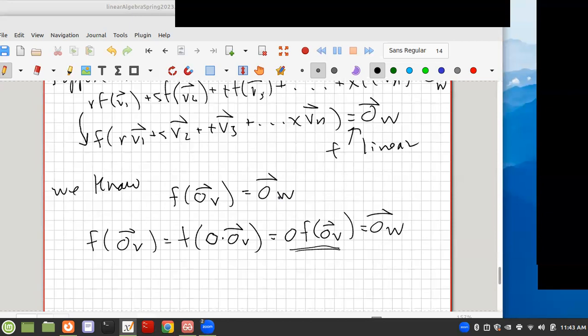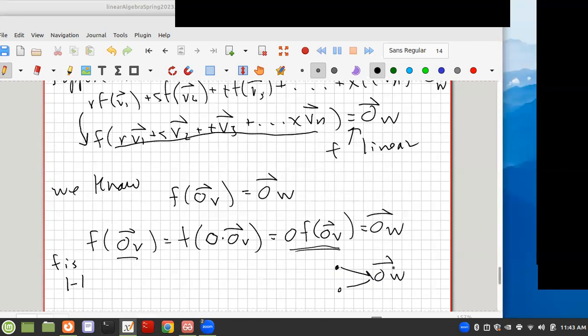Now here's where I can use the fact that F is 1 to 1. Remember, we're assuming that F is both 1 to 1 and onto. We've used the fact that F is onto, but we haven't used the fact that it's 1 to 1. Because F is 1 to 1, I can't have two different vectors going to the 0 in W. So they must be the same one.